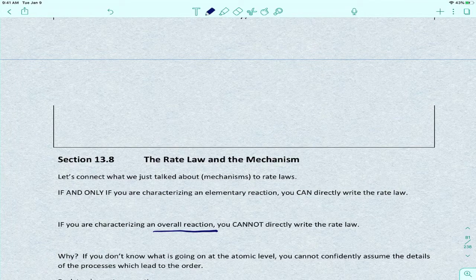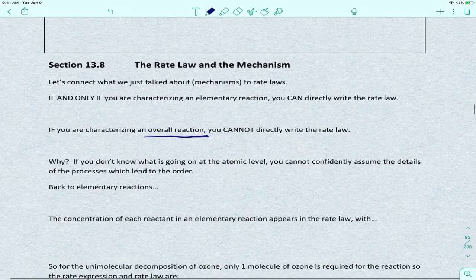So what this is saying is if you take an individual elementary step, you can write a rate law for that. But if you're trying to write the overall reaction rate law, you can't. All right, so why? If you don't know what's going on at the atomic level, you cannot confidently assume the details of the processes which lead to the order. And so that's why you can't write a rate law for the overall reaction. You can only do it for the individual steps.